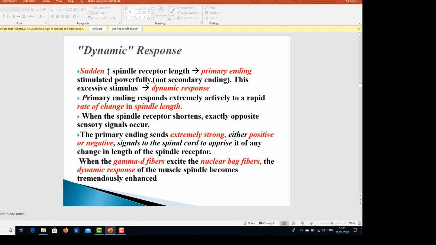When the spindle receptor shortens, exactly opposite sensory signals occur. The primary ending sends extremely strong, either positive or negative, signals to the spinal cord to apprise it of any change in length of the spindle receptor. When the gamma D fibers excite the nuclear bag fibers, the dynamic response of the muscle spindle becomes tremendously enhanced.